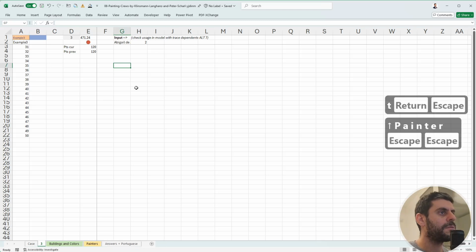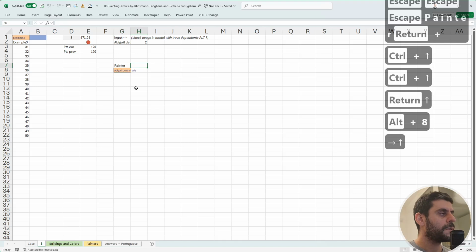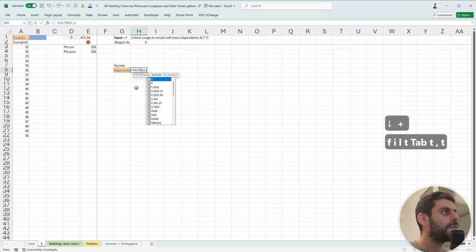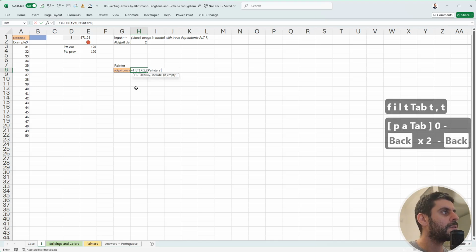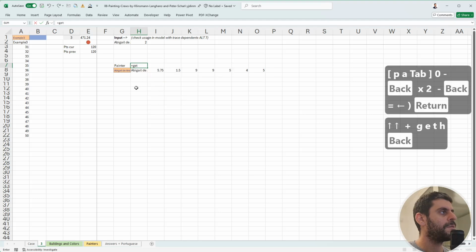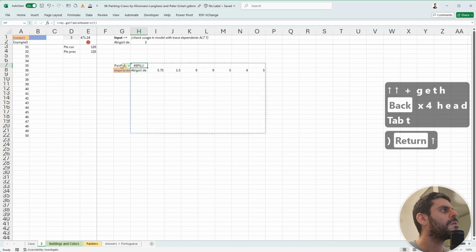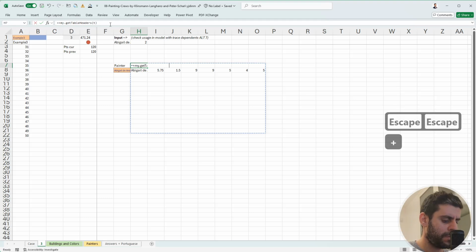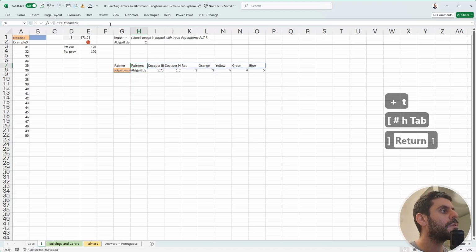So painter, painter is this. Filter T, where T painters equals this. Headers T, doesn't work. Okay.